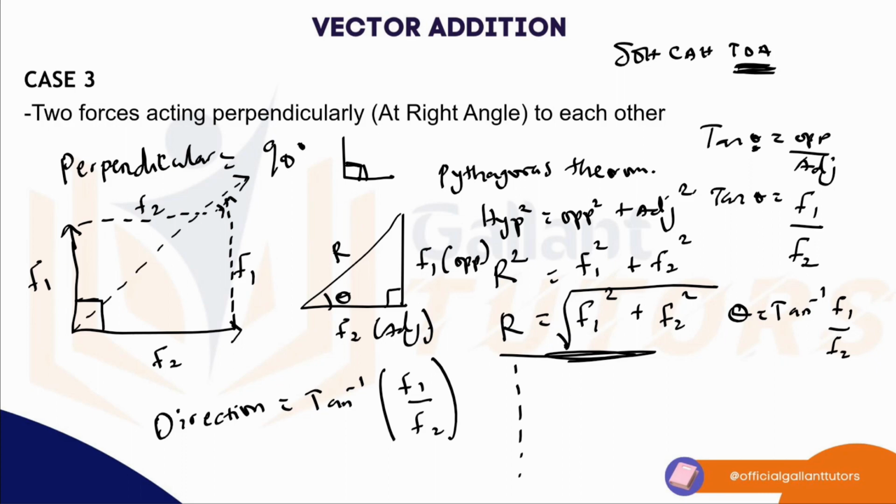Now let me just tell you something for your understanding. So when we have tan theta equal to F1 over F2, to make theta the subject of the formula, what I'm going to do is divide both sides by tan theta. Let me put it this way, which will also be equal to F1 over F2 times 1 over tan theta.